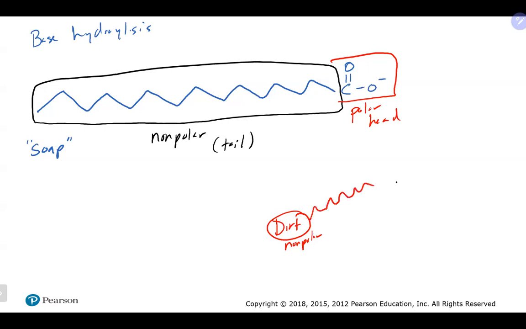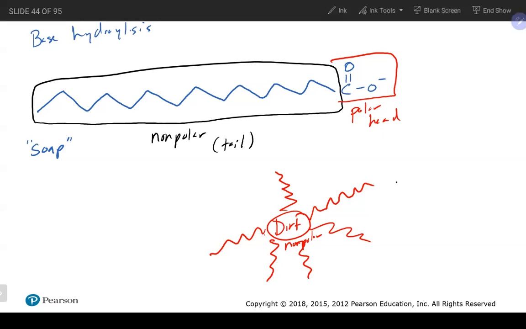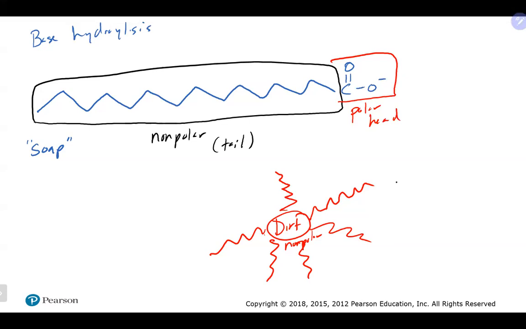And what it does is, my bad squiggles, which is all my carbons and hydrogens here, the soap molecules basically surround the dirt with the non-polar side of it. And what that does is it creates what is sometimes referred to as a micelle, which is really the trapping of dirt in a bunch of soap molecules.